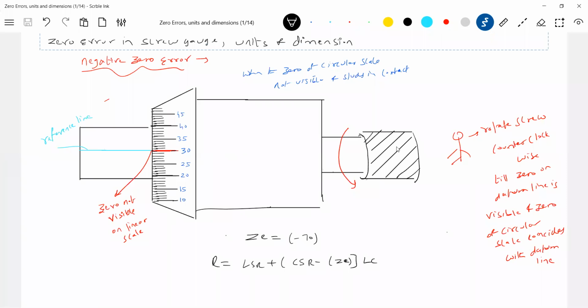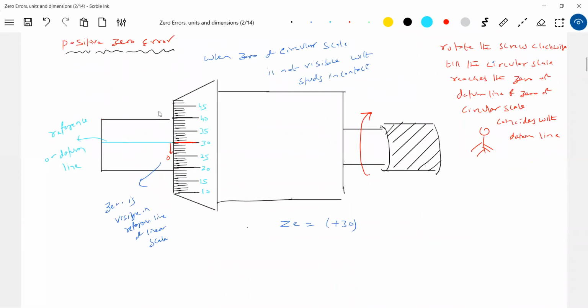You should rotate the screw counterclockwise till the zero of the circular scale merges with the reference line, and the zero should be visible till then. Till then you have to rotate, and how many divisions it has crossed, that is the thing. Now 30 is there. For the zero to appear, it will not come from here because you're rotating in this direction. So 70 divisions will pass for this to happen.